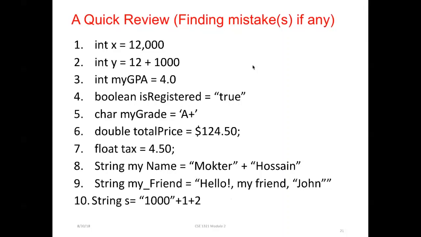You have to put if. How about number 8? Yes, it is not a valid identifier name, right? So if I want to give a space, then I have to use underscore.